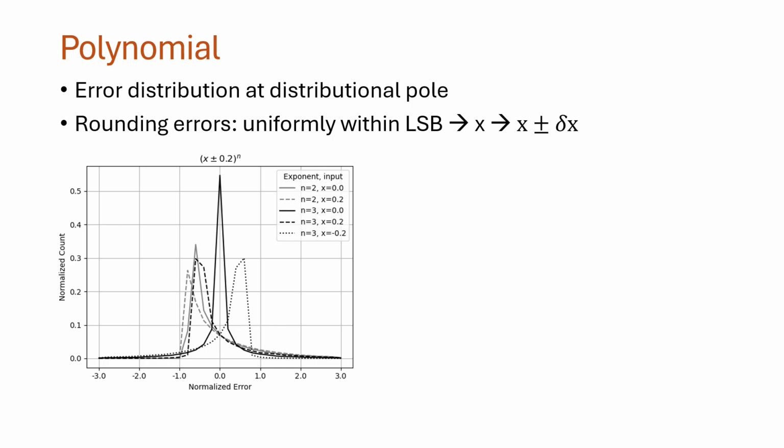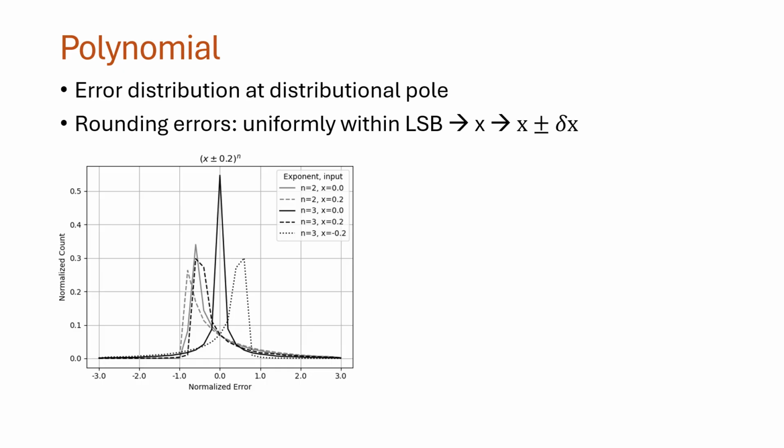Now let's look at the rounding errors. How StatisticalTaylorExpansion treats the rounding error now, which can be improved. It can be proved either experimentally or theoretically that the rounding error is uniformly distributed with the least significant bit.